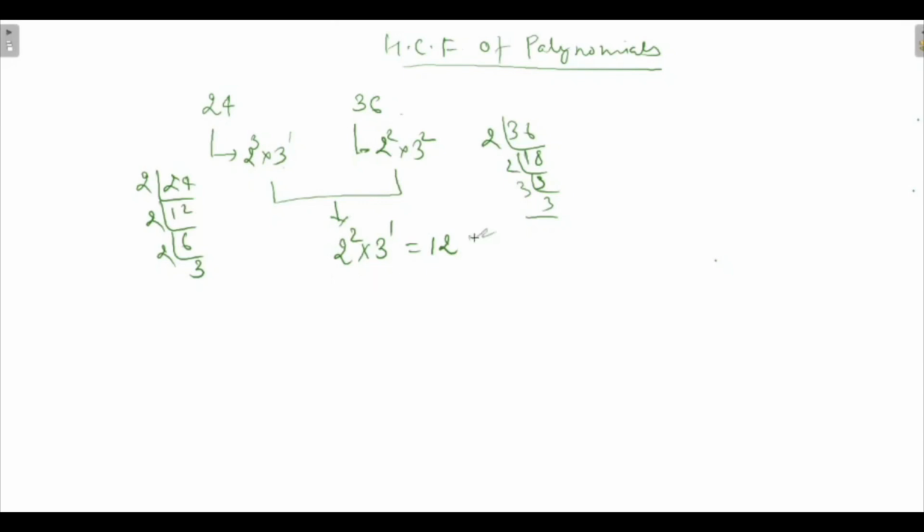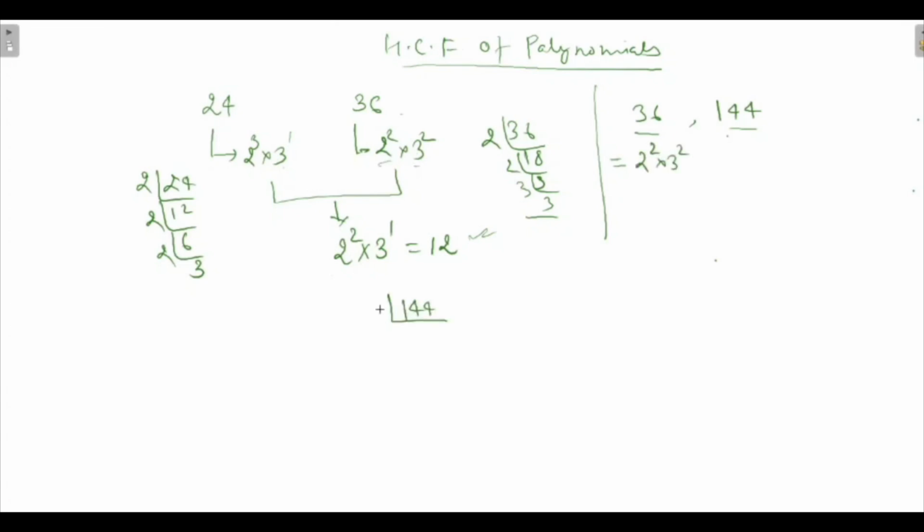Okay, now let's do the other one as well. Let's find the highest common factor for 36 and 144. 36 is 2 square into 3 square.